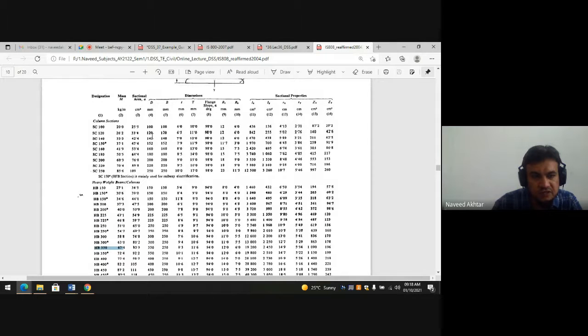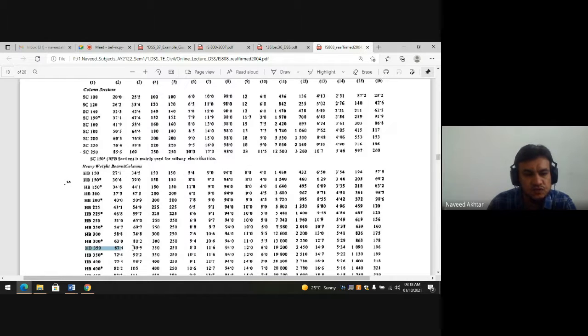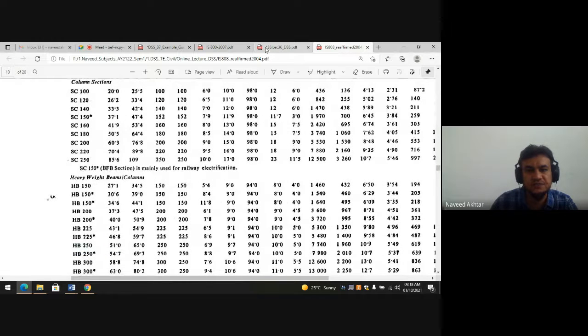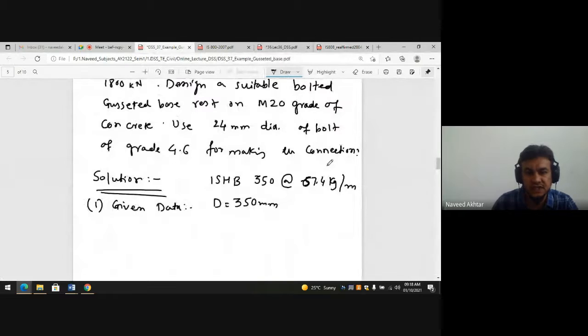So properties here: the mass in kg per meter, sectional area is 85.9 centimeter square.